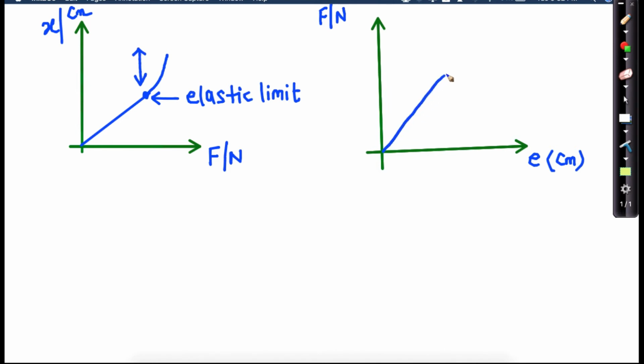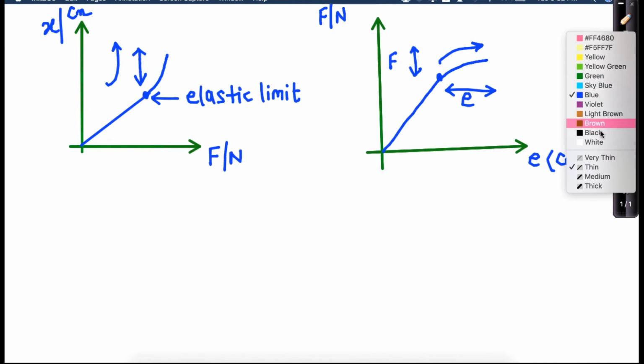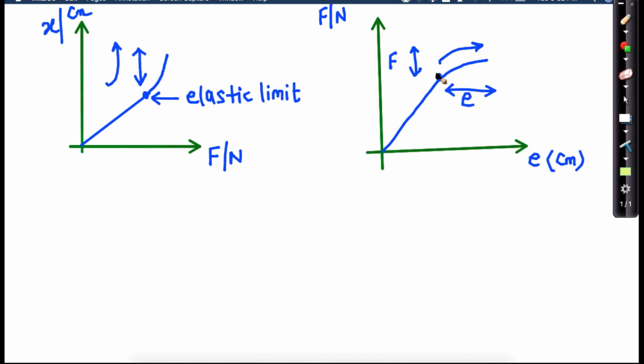In this case, the graph will go like this. So this is your elastic limit. So see, it's bending along the extension. So keep this thing in mind. If they are switching the places, then you have to extend the graph like this along the extension, because at small force F, there would be more extension after the elastic limit. So this particular point is showing the elastic limit.